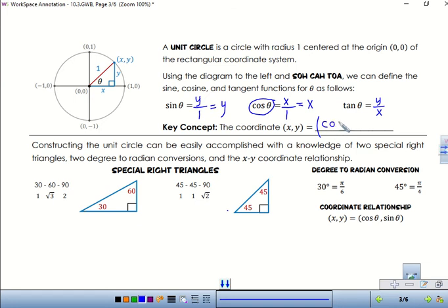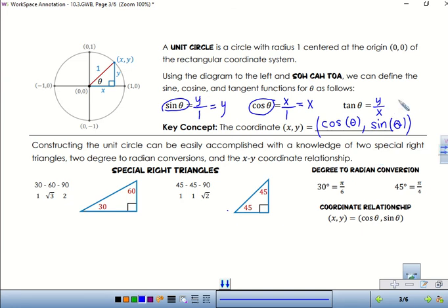So x is actually equal to cosine of theta. And y is actually equal to what? Sine, yes. Why is it sine? Whatever helps you remember. So is everyone good with how I got that, like from the picture?